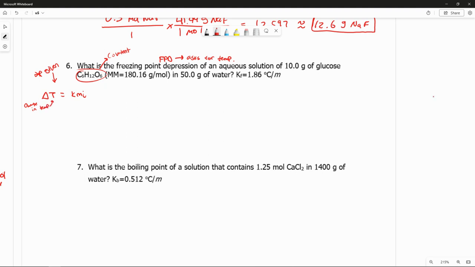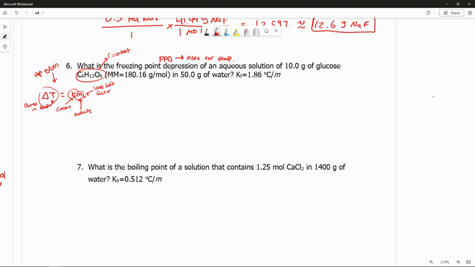This is our K value, which is just a constant K. We have molality right there, and this I is the special part. This is called the Van 't Hoff factor.